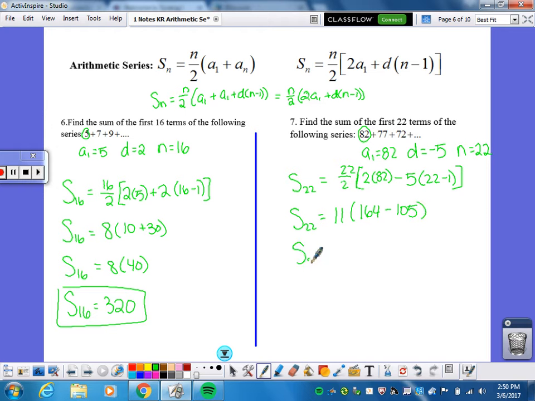We're left with S sub 22 is equal to 11 times 59, which when you use your calculator, S sub 22 is going to be equal to 649 as our final answer.